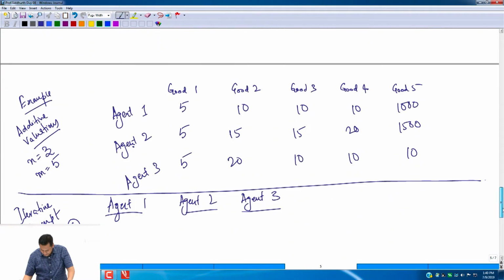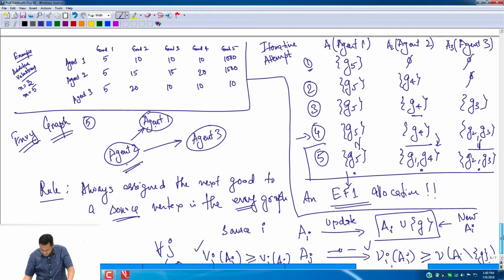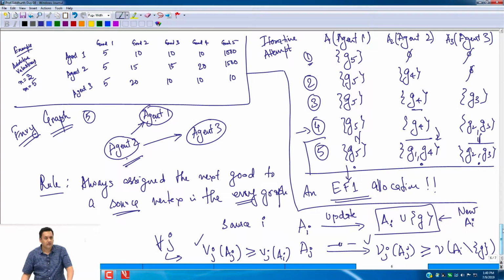Okay, so with that, we went through an example where the valuations were additive, and what we did was follow an iterative process. We iteratively assigned goods one after the other, and what we could accomplish in this example at least was to look at the envy graph at every stage of the algorithm, at every iteration.